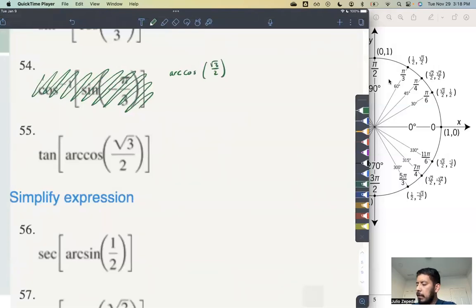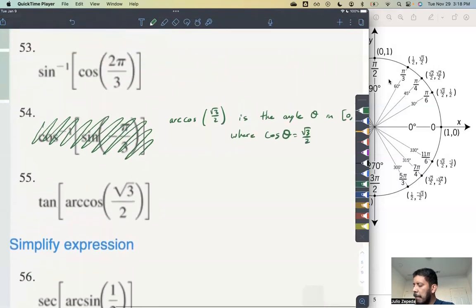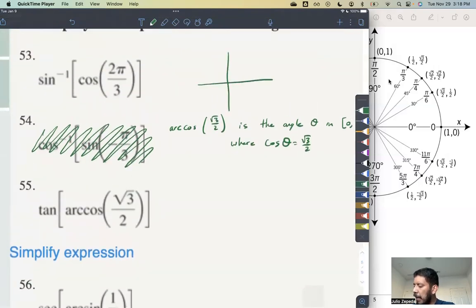The arc cosine is the angle theta in the interval from 0 to pi, because we're dealing with arc cosine, where the cosine of this angle that we're looking for is equal to the square root 3 over 2. Just remember that 0 to pi is in quadrants 1 and 2.